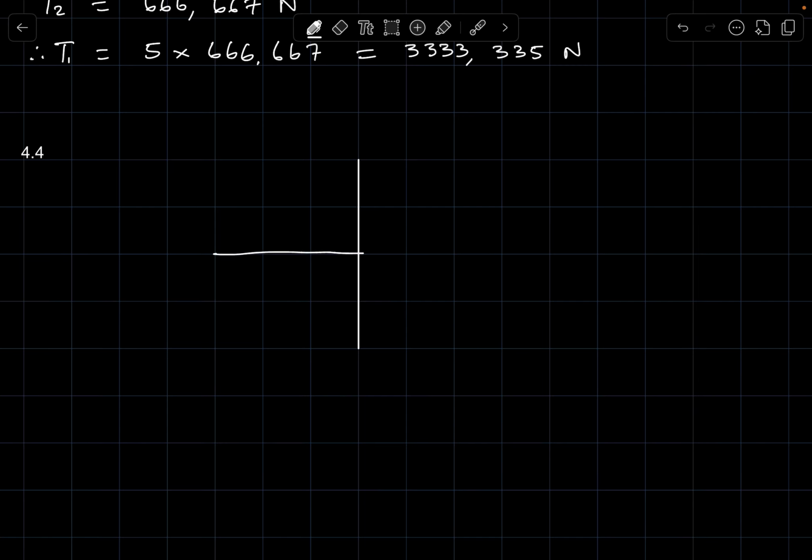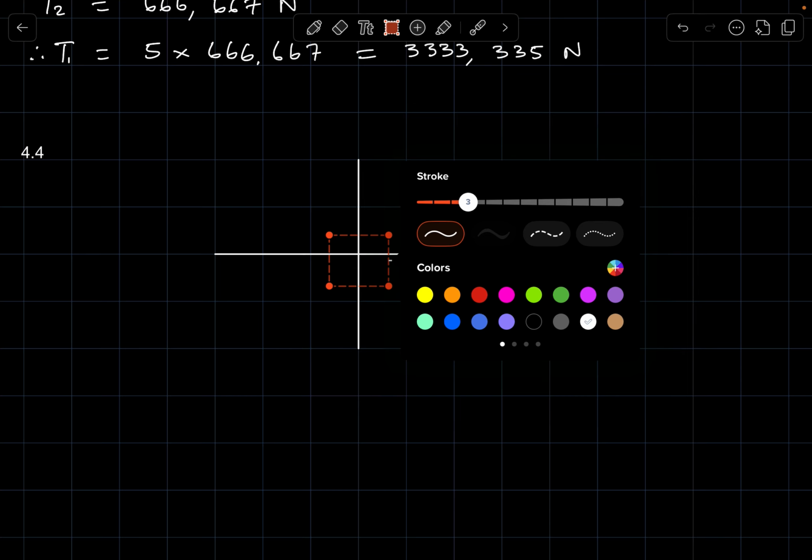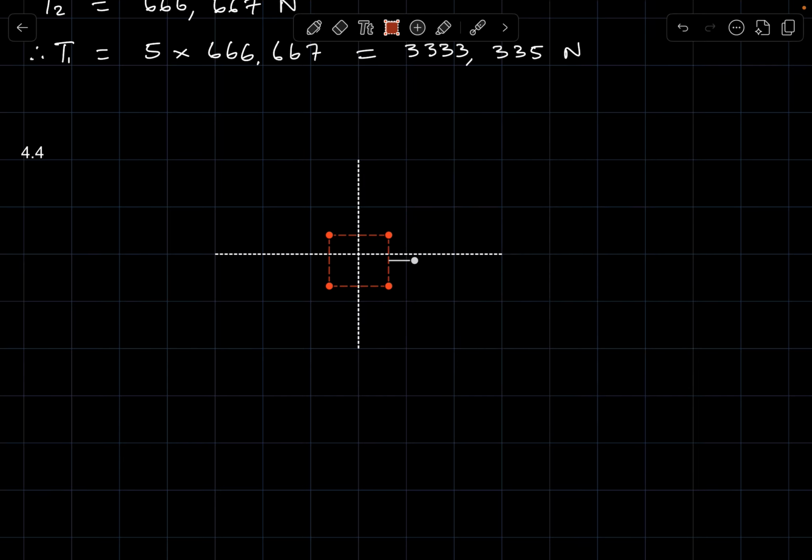Bearing that in mind, you draw your Cartesian plane. This Cartesian plane is for the gear drive, not the belt drive.